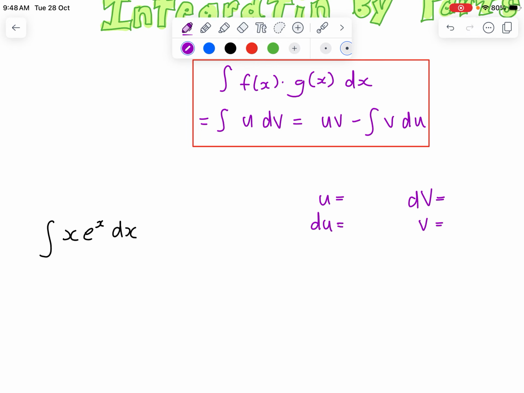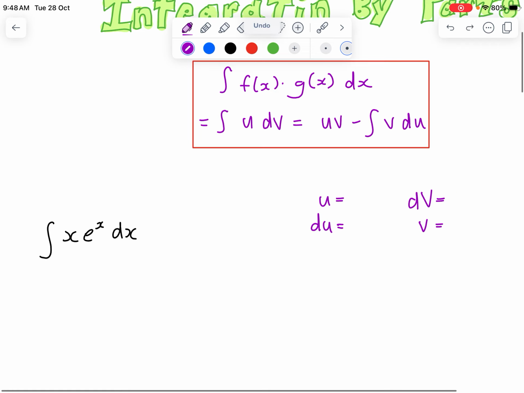So we are trying to derive whatever is in here, and integrate whatever is in here. So for example, let's say I want u to be equal to e to the x, du would be e to the x dx. If I want dv to be equal to, in this case, since we got e to the x, that means dv is x dx, right?